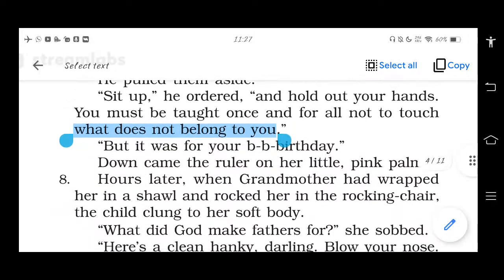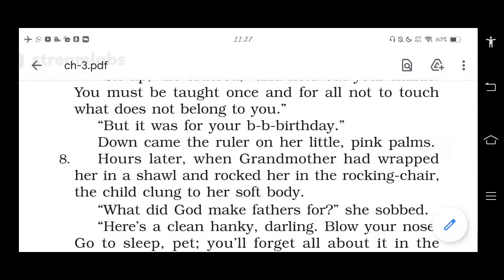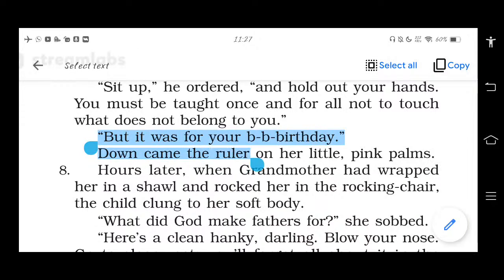Okay. But the girl was trying to speak. But it was for your birthday. She did not speak very clearly, but she told him, father, it is for your birthday.